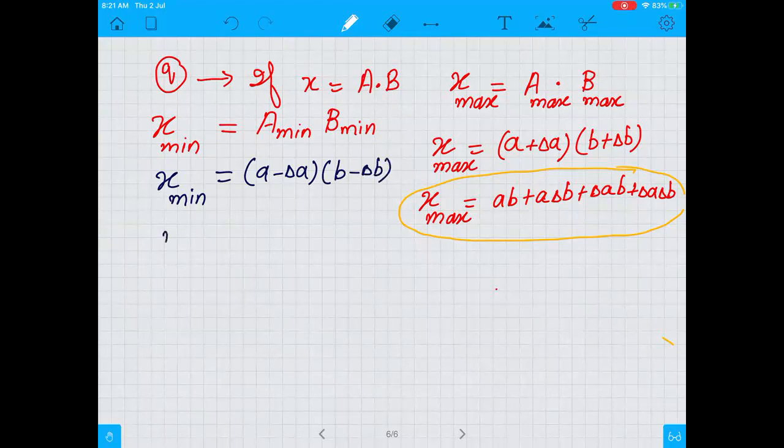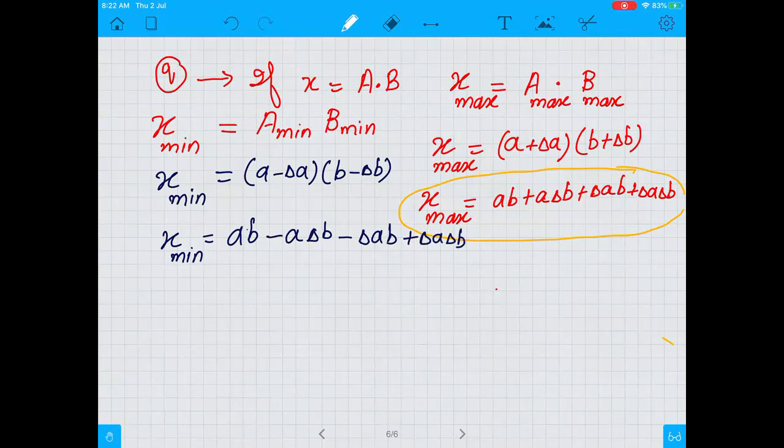Now if we multiply these two values, it would become ab minus a delta b minus delta a b and plus delta a delta b.